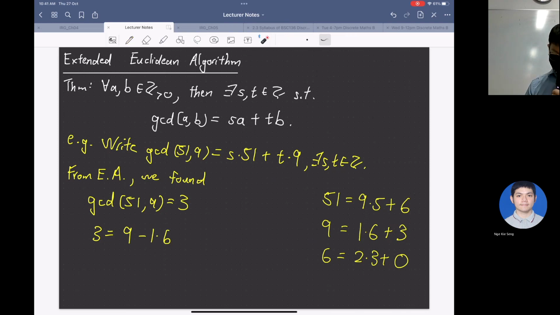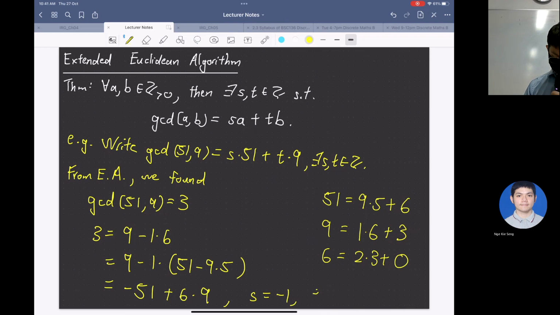And then you keep going back using the remainder. So 6 is equal to 51 minus 5 times 9. Which means you have minus 51 plus 6 times 9. So your S is minus 1 and T is 6.